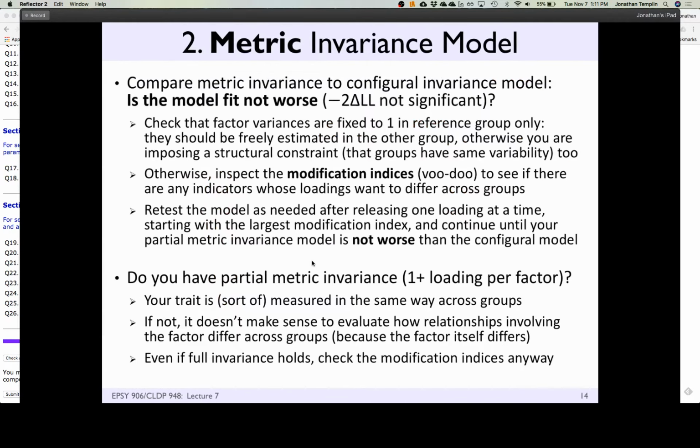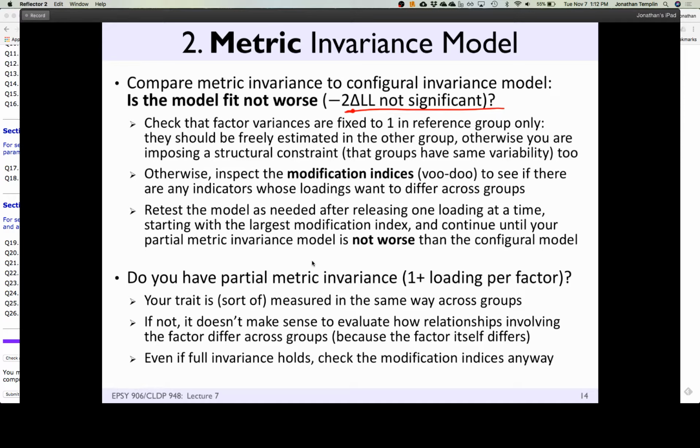What do we do after that? We test the model fit. We use the likelihood ratio test. The likelihood ratio test is testing the configural model, the very beginning one, the baseline, with the metric model, where factor loadings are equal. If the likelihood ratio test has a large p-value, it's saying they're effectively the same.